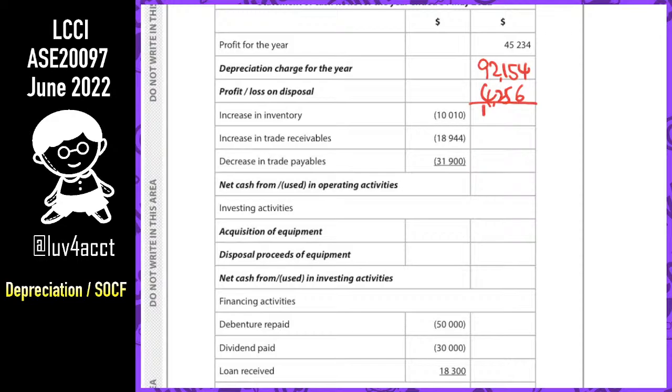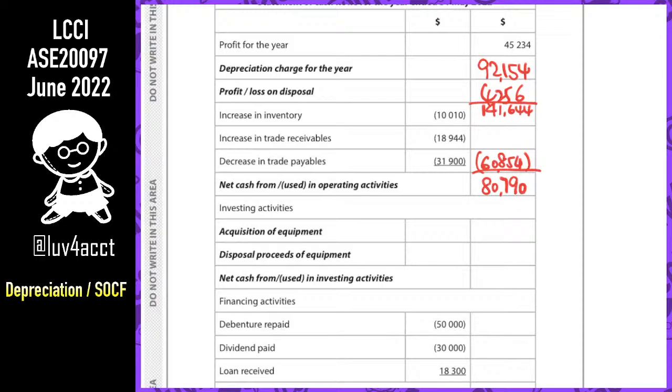Anyway, I will put it there. 141644. And then I have to calculate these two. 60854 negative. So it is 80790. Okay, so we finish one part.